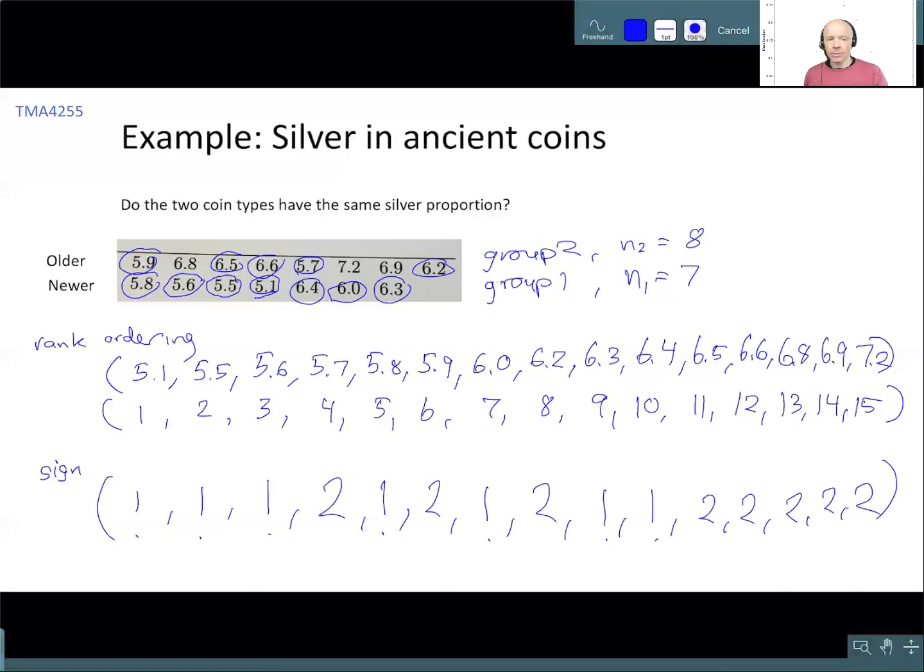Okay, then we can compute the Wilcoxon statistic for these coins. We can look at the ranks and take the rank sum of group 1. And perhaps we can just look at this here. How many ones do we have in the rank? Okay, we have 1 plus 2 plus 3.